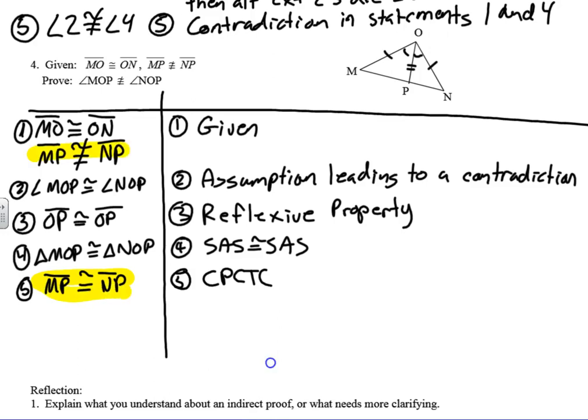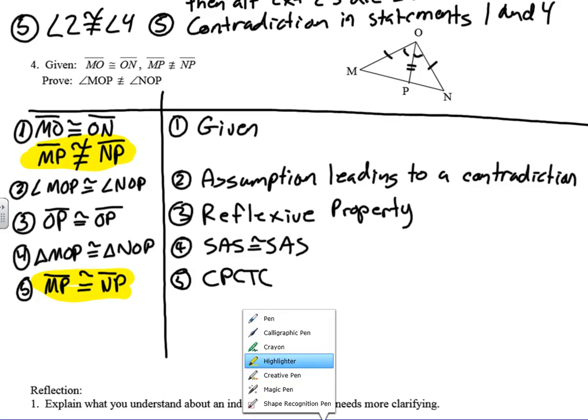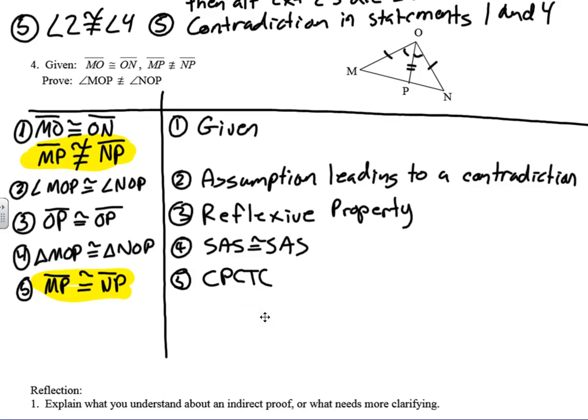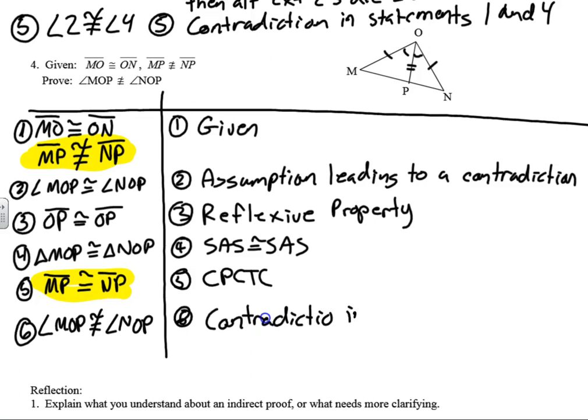We just found ourselves a contradiction between something that we were given and something that we proved, but our proof was based off of an assumption, and therefore our assumption is wrong. So angle MOP is not congruent to angle NOP, okay? And the reason is a contradiction in statements 1 and 5.